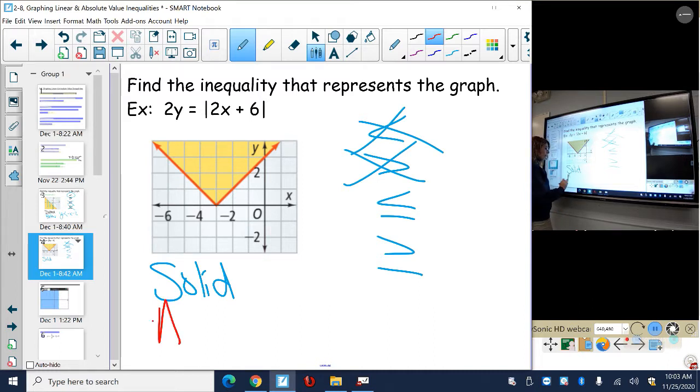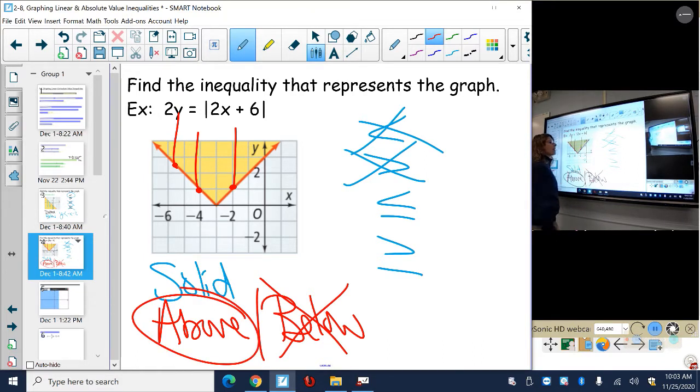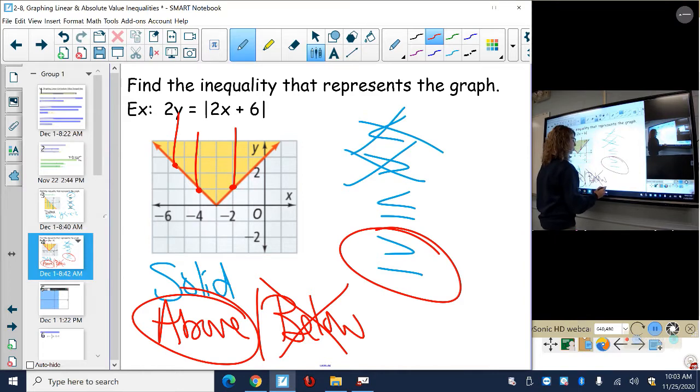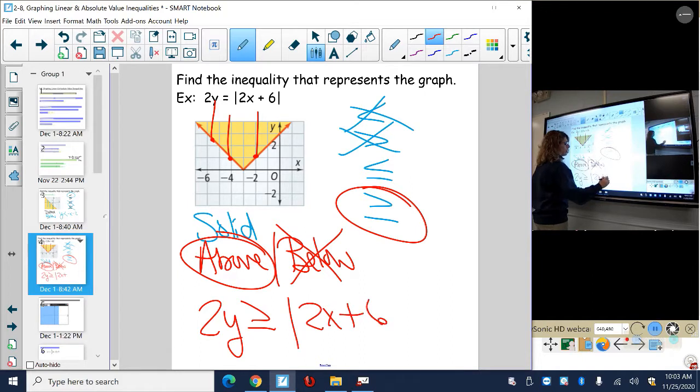Now, is the shading above or below? So choose any point on that graph. The shading is above that point. So above means greater than or equal to. So your answer is going to be 2y is greater than or equal to the absolute value of 2x plus 6. That is what that means.